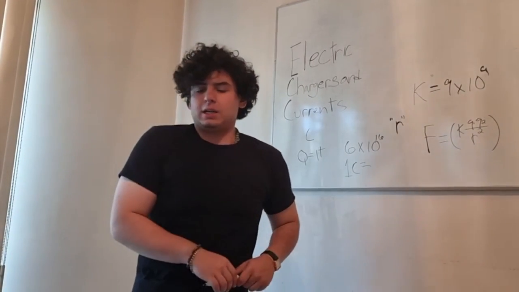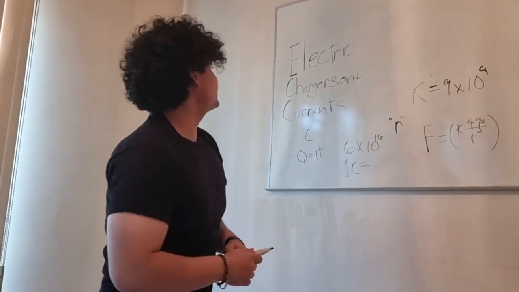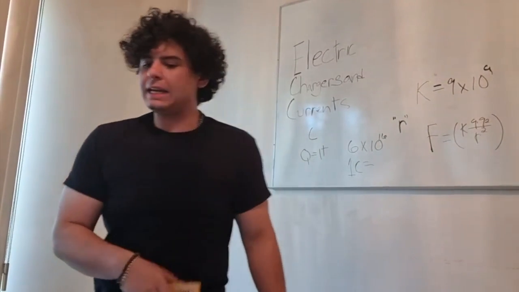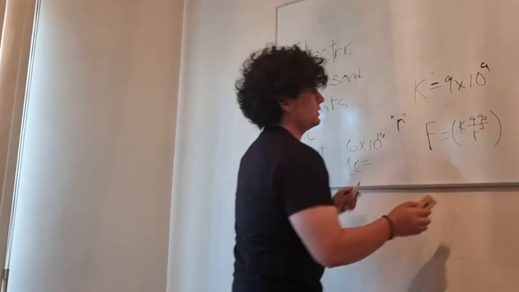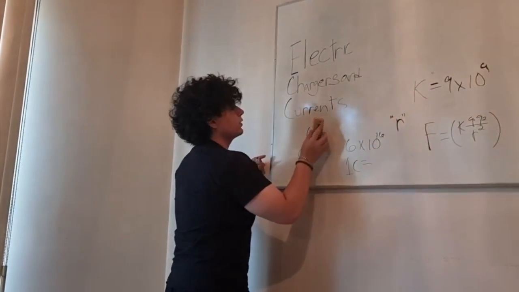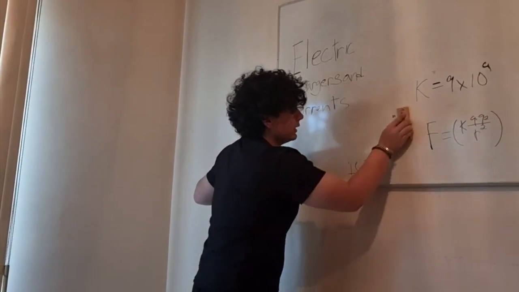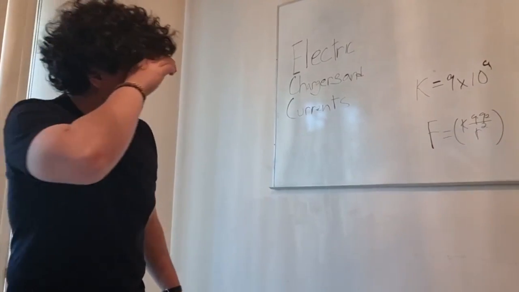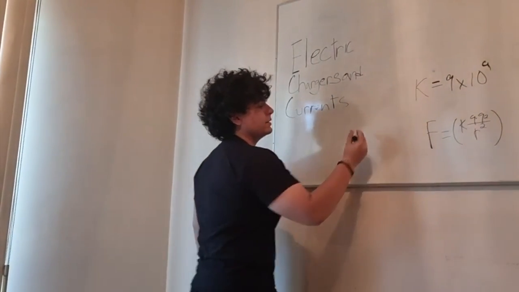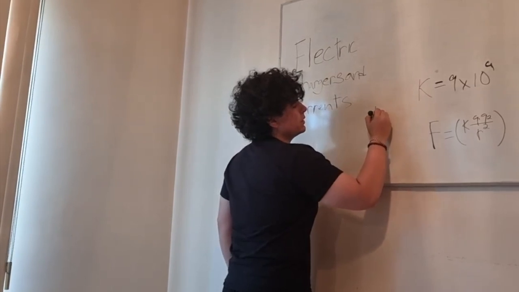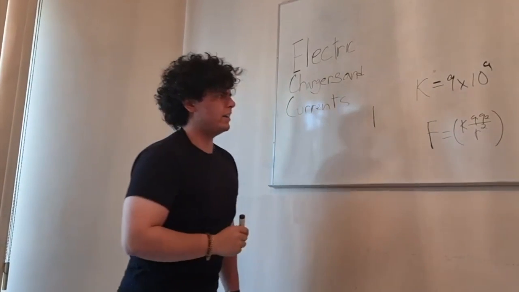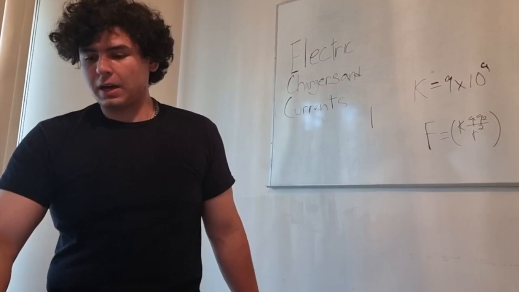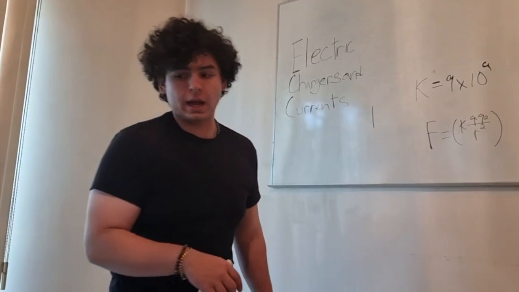So, now that we know what an electric charge is, you may be asking yourself, what is an electric current? It is the rate of flow, generally of electrons. It is represented with an I, and can also be measured in amperes.